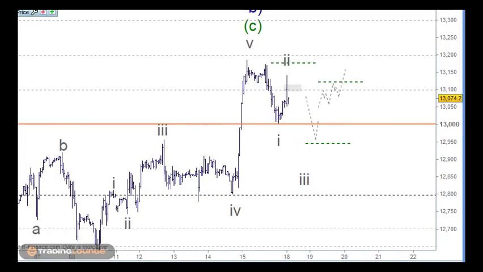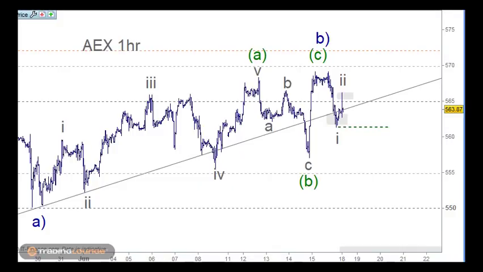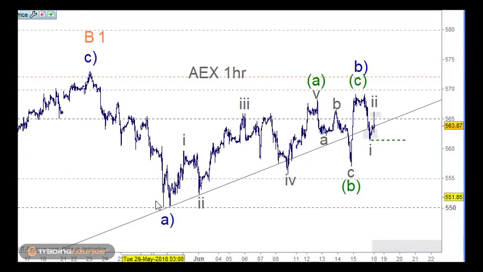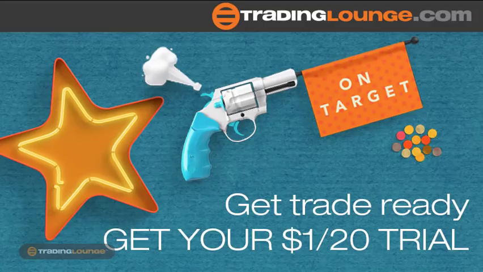It's kind of interesting when we have a look at some of the other markets. The Netherlands here, just on the 1 hour chart, the move down through here, we kept the wave count. It got complicated through here as a wave B. I'm calling it a wave B rather than a wave 2, because a wave 2 is normally sharp and simple.